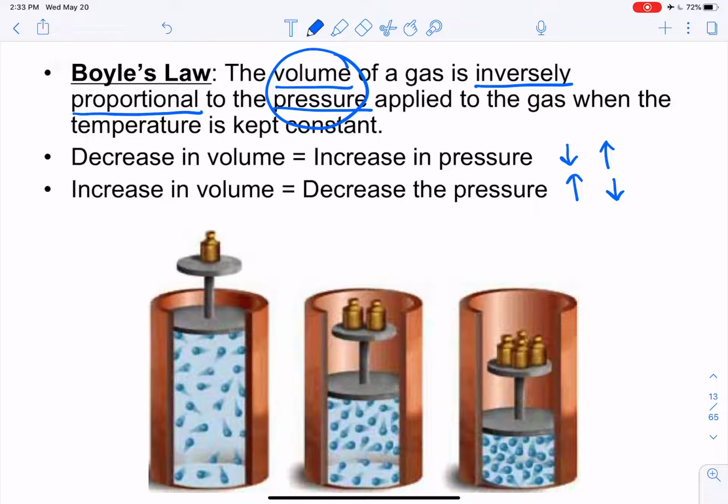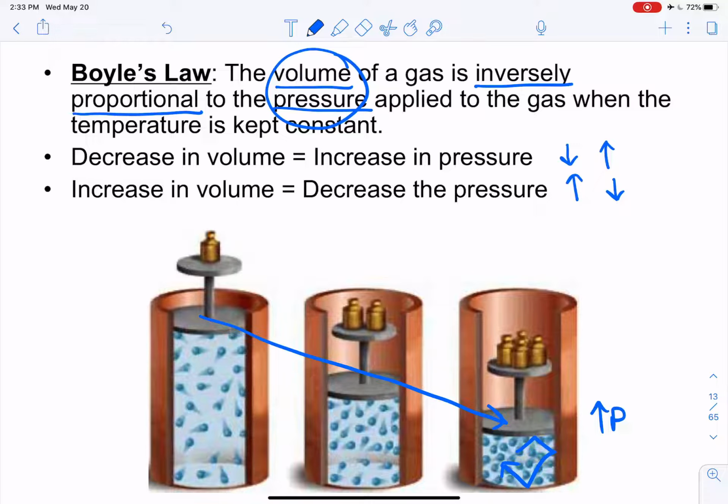Okay? So if you have a decrease in volume, meaning that your gas is getting squished, what's going to happen is your pressure is going to increase. And why is your pressure increasing? Well, if you squish your gas, it's going to be hitting the sides of the container a whole lot more. And when you have atoms or molecules hitting the sides of a container, that is called what?